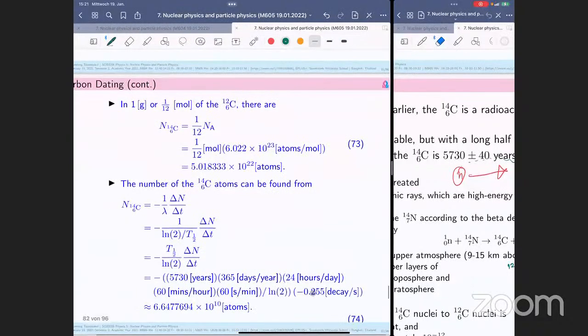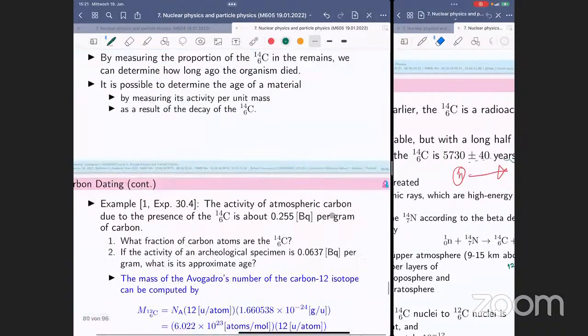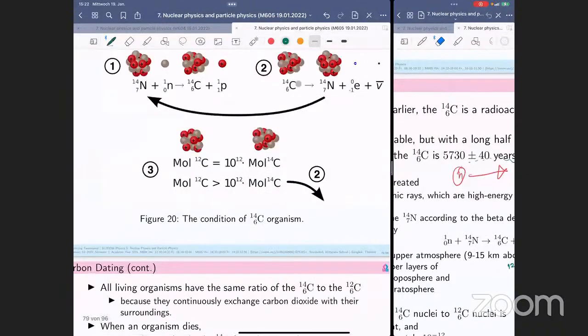We don't substitute a positive value, because it would mean your nuclei increase by 0.255 nuclei per second. But that's not the case because carbon-14 will disappear according to this process.